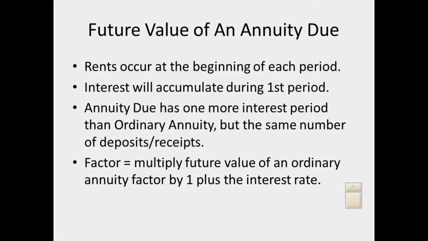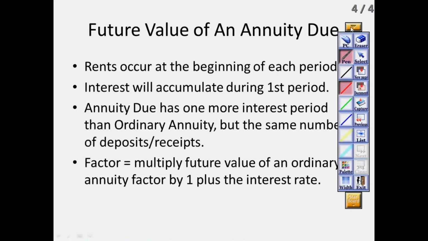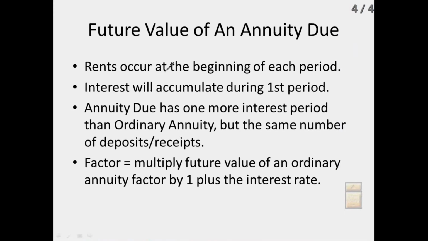So now, instead of the last period earning only 7 periods of interest, you put it in 1/1/10, and you take it out 12/31/17. So the first $30,000 payment has 8 periods of interest to earn rather than 7.